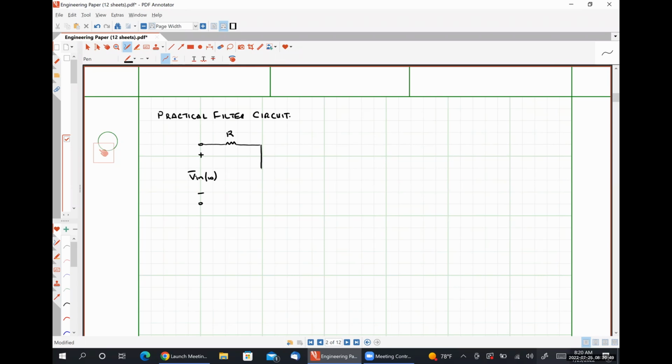Then I'm going to have a capacitor. And since we are in the frequency domain, I'm going to draw my capacitor and realize it with its impedance, which is 1 over j omega c. And then out here, it's going to be the output side of my filter circuit.